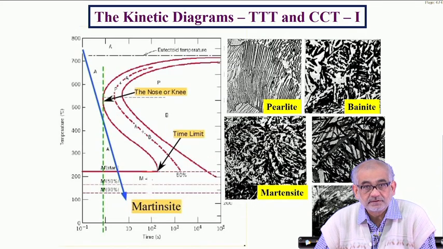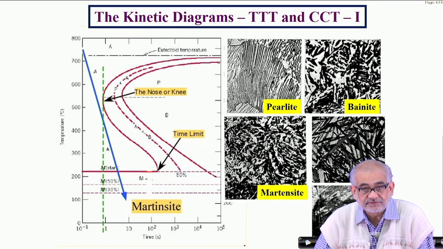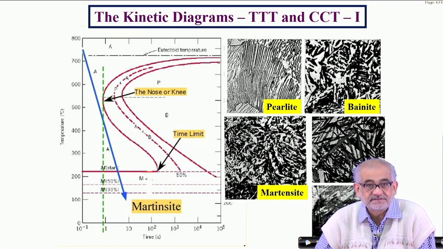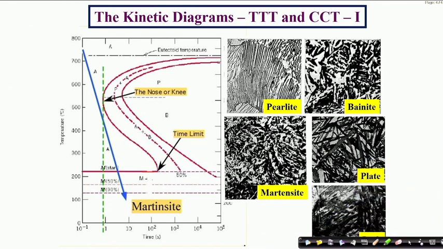If you look at it, we first saw the phase diagram, and as I mentioned, it's essentially an equilibrium diagram which only talks about the existence of phases and phase aggregates depending upon the temperature and composition variation or combination.